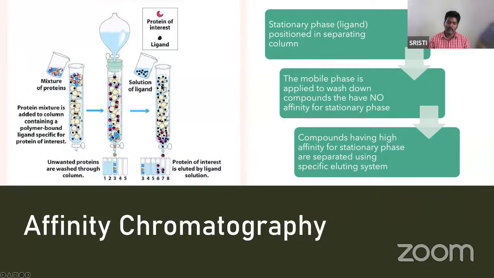Then to isolate the protein of interest, you add a more concentrated solution of ligands, and thereby the protein of interest is eluted in a solution. So this kind of technique is used mostly for isolation of proteins and enzymes if you want to purify them.